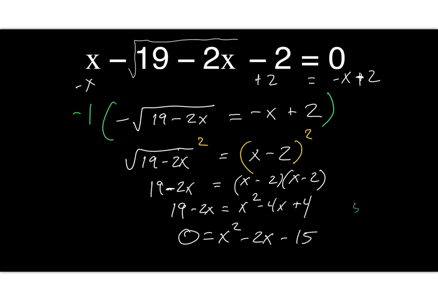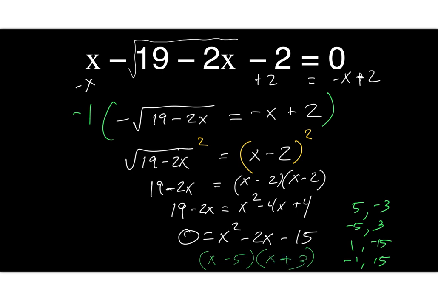And then I list numbers that multiply to negative 15. Do any of those pairs add to negative 2? Negative 5 and positive 3. The middle term is negative, so that means I know that in these, the larger value has to be negative.